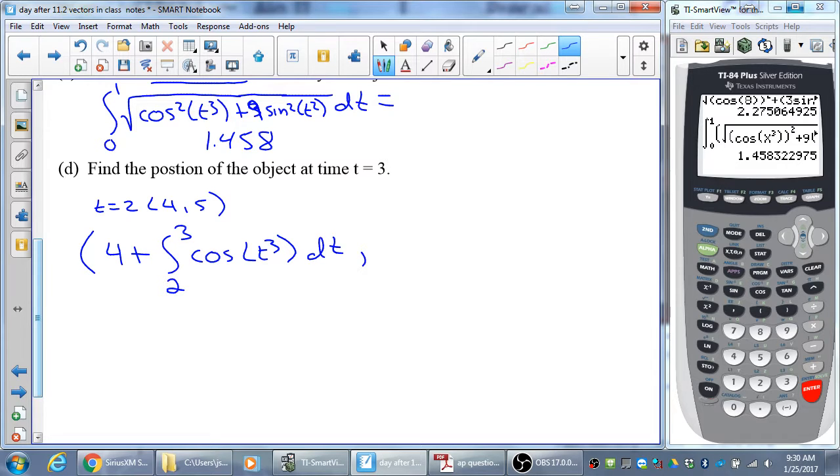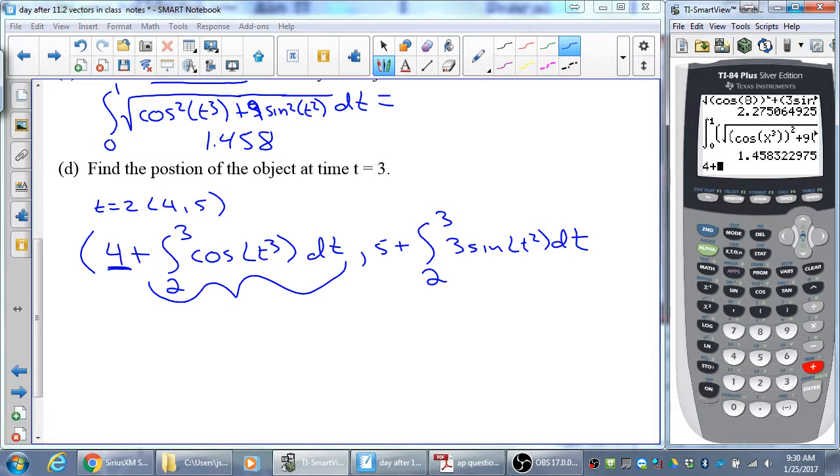That's the x. And then the y is going to be 5 plus the integral from 2 to 3 of 3 sine t squared. So we have to back up. We have the derivative, we're backing up to the position. So we're taking the anchor point and we're adding on the displacement. That's the displacement, how much it moved.